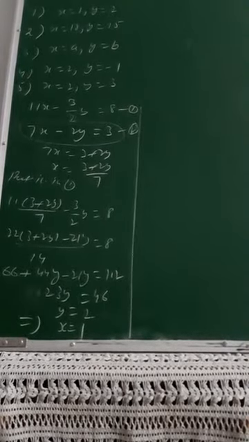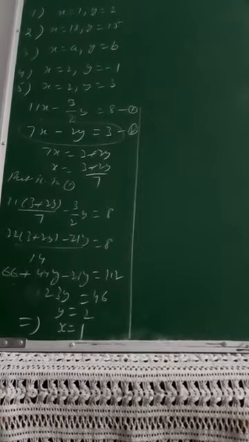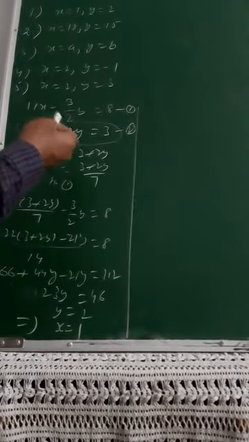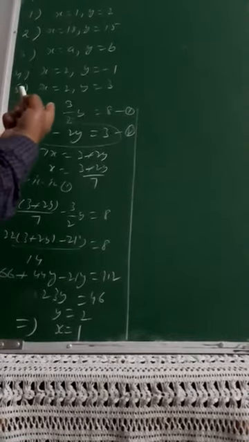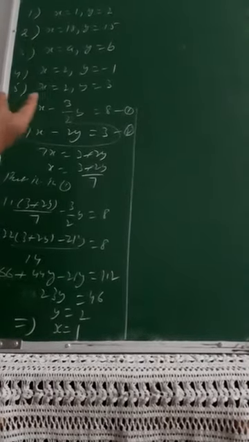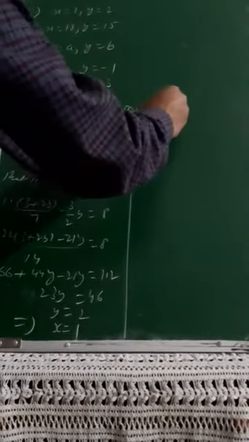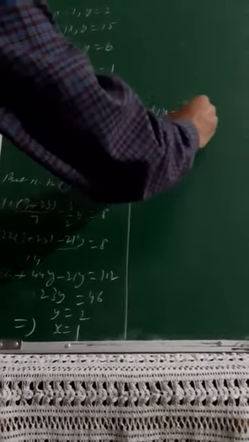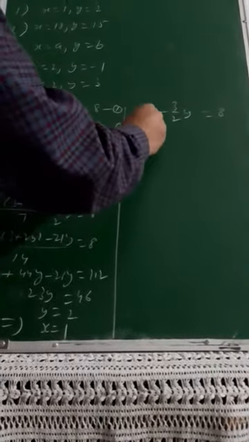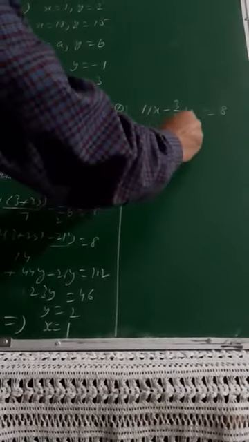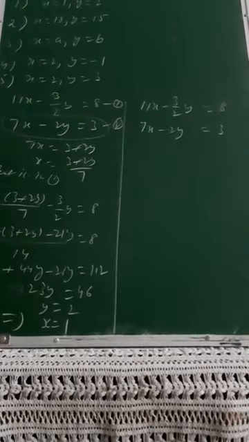If you look at the elimination method, suppose I am trying to eliminate y here. Both are carrying the minus sign. So the first equation is 11x minus 3 upon 2y is equal to 8, and the second equation is 7x minus 2y is equal to 3.